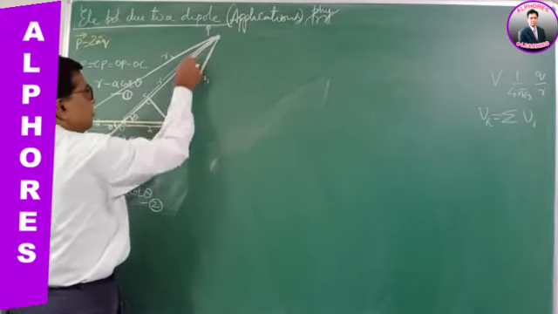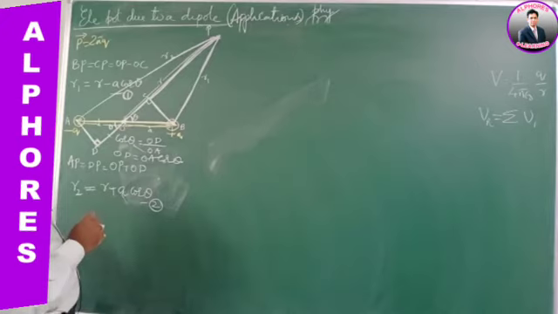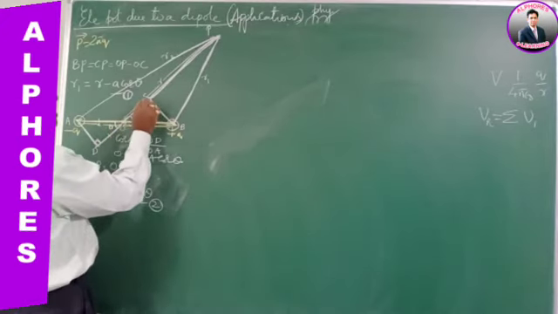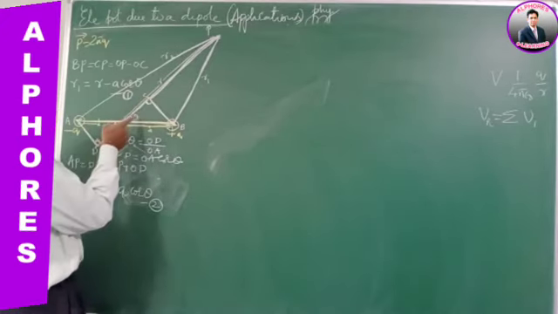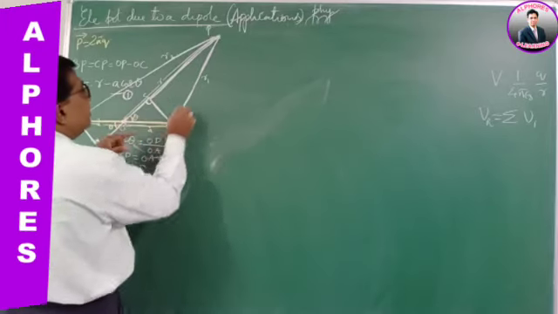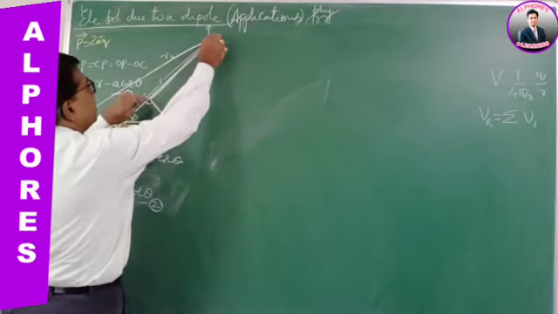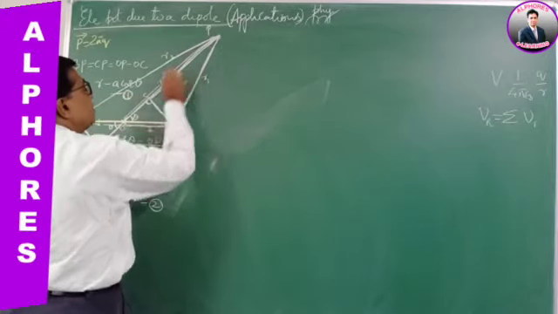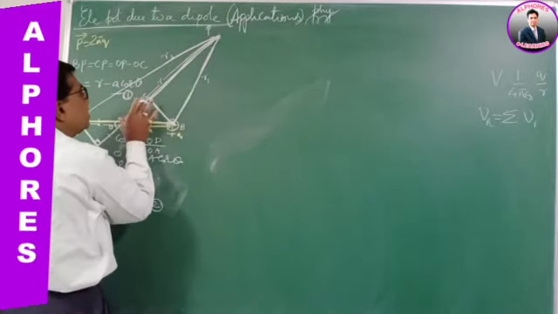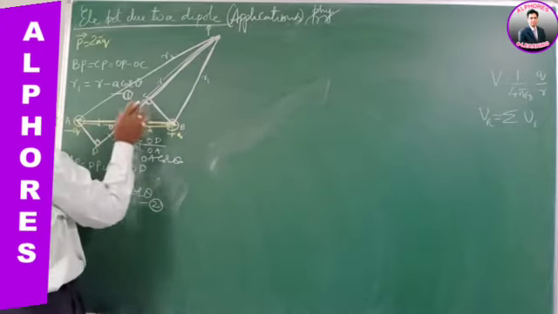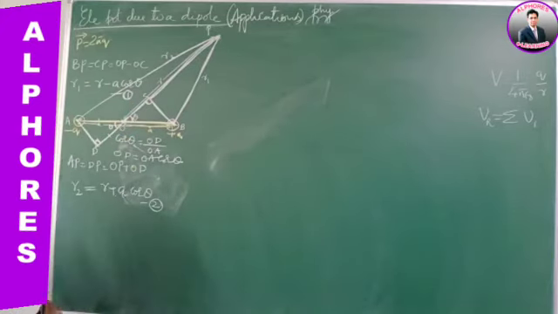This is a right angle triangle. Then cos theta. The total distance is R1, but I want only CP. So CP is R minus OC. OC I have found as A cos theta. So R minus A cos theta.